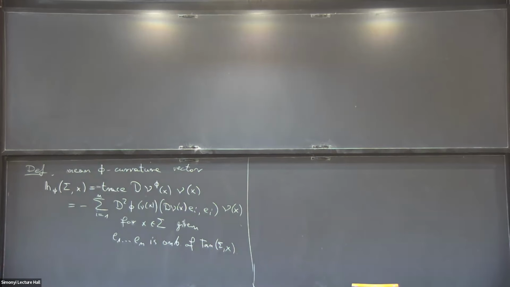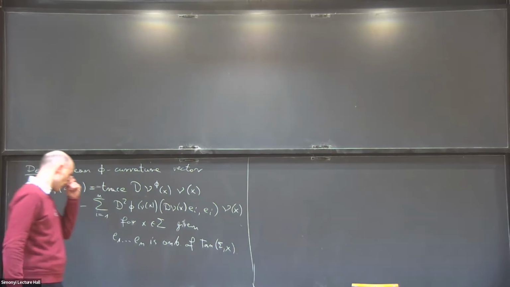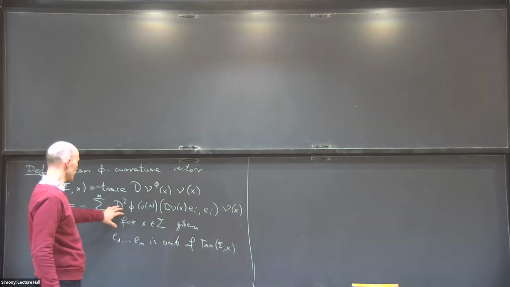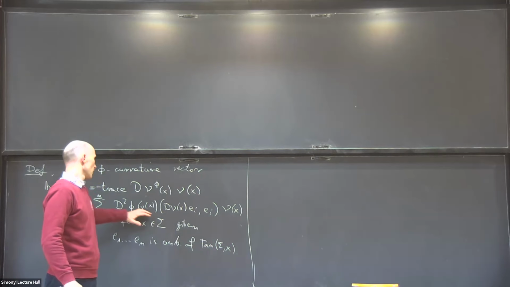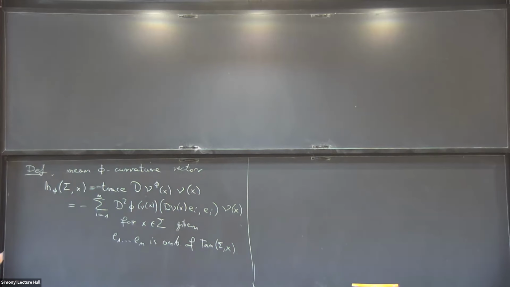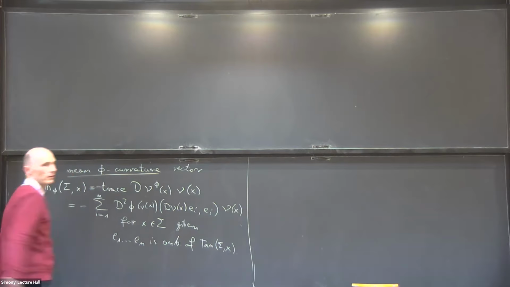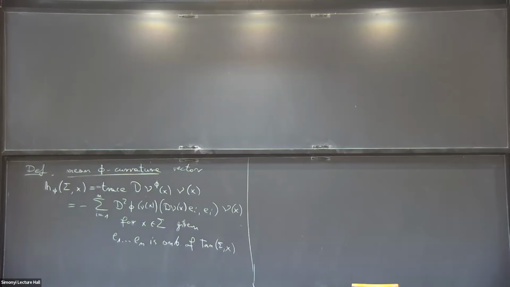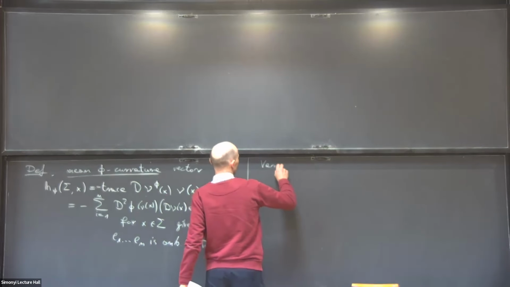You can see it differs from the usual one: you act with the second derivative on this graph. Now we know what is a mean Phi curvature vector. This definition works for smooth hypersurfaces, at least C^2, but you can define this in a variational way.